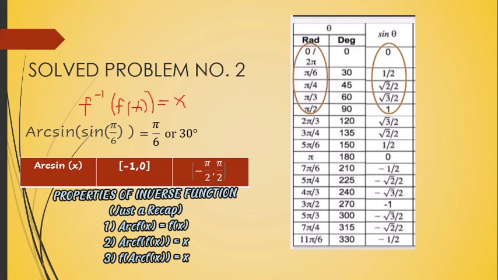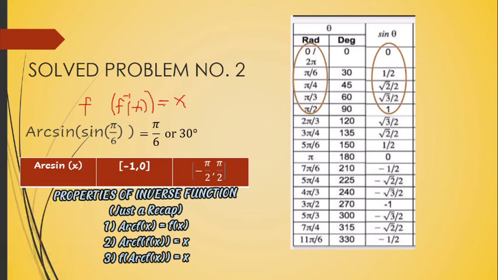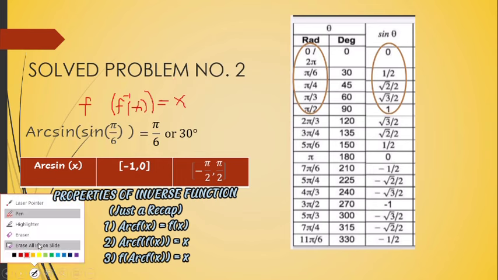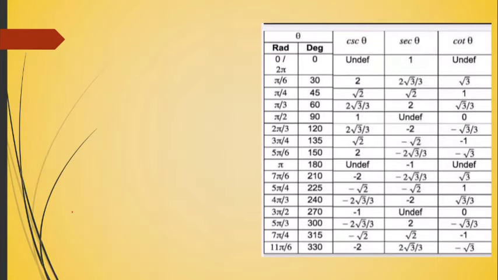Either way, if you find the function of the inverse, it is still x. Just a bit of trivia. I'm not mistaken, you are already familiar with the properties of inverse functions.